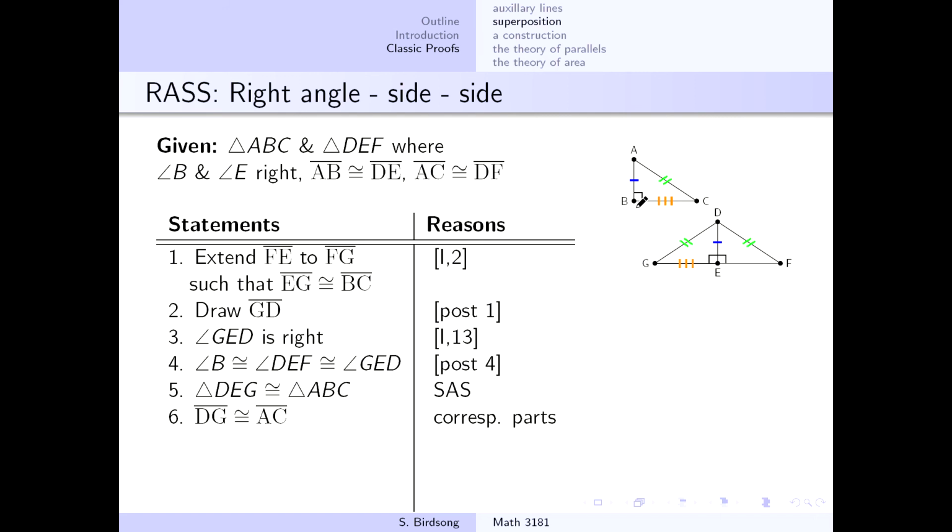And I'm going to claim that the very next thing actually does use the fact that DEG is a copy of triangle ABC. I'm claiming that DG is congruent to AC. So notice the hypotenuses are congruent to each other. Why? Corresponding parts of congruent triangles are congruent.